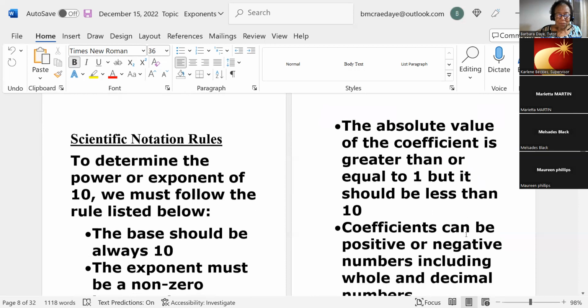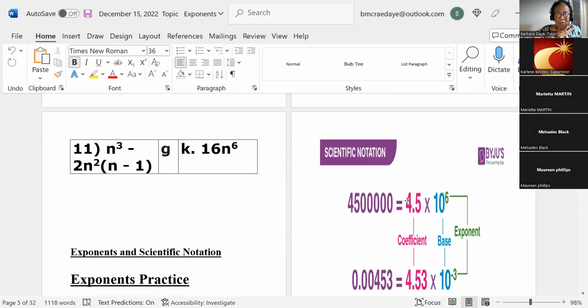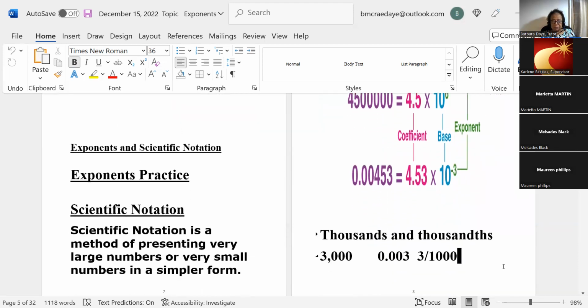So you're not going to say 45 times 10 to something, because 45 is greater than 10. You shift the decimal point, which is after that last zero, so it's between the 4 and the 5, so it's 4.5. Same here: you wouldn't shift between the 5 and the 3, you shift between the 4 and the 5, because 4.53 is less than 10. That's one of the rules we'll use.